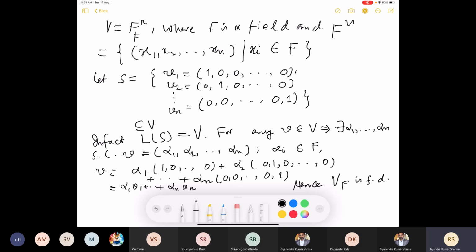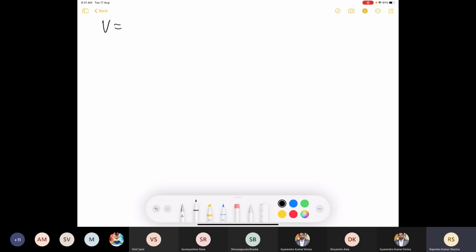So like that, you can have many such examples. You can also take one more example. Let us take V to be the set of polynomials f(x). A polynomial means an expression of the form, say, a0 plus a1 x up to an x to the power n, such that these ai come from a field F, and you can also take that an is not zero.